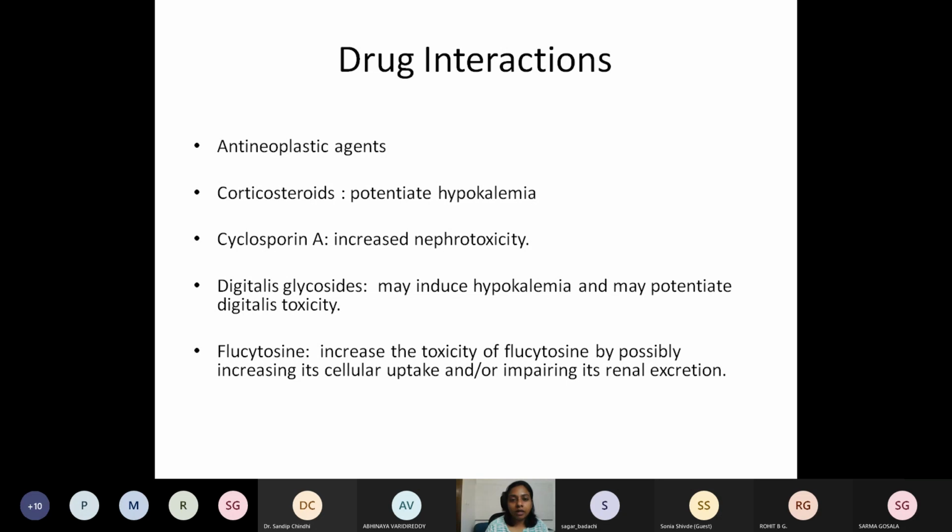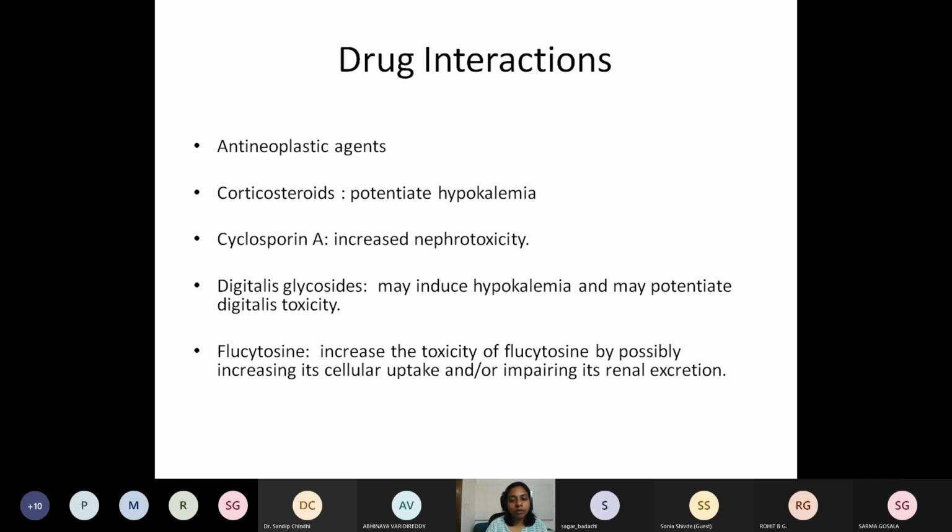Some important drug interactions to remember: any drugs that are nephrotoxic, including many anti-neoplastic agents. Most patients with invasive fungal infections are either immunosuppressed or cancer patients on treatment, so that is why it is important. Corticosteroids potentiate hypokalemia. Cyclosporin A increases nephrotoxicity.